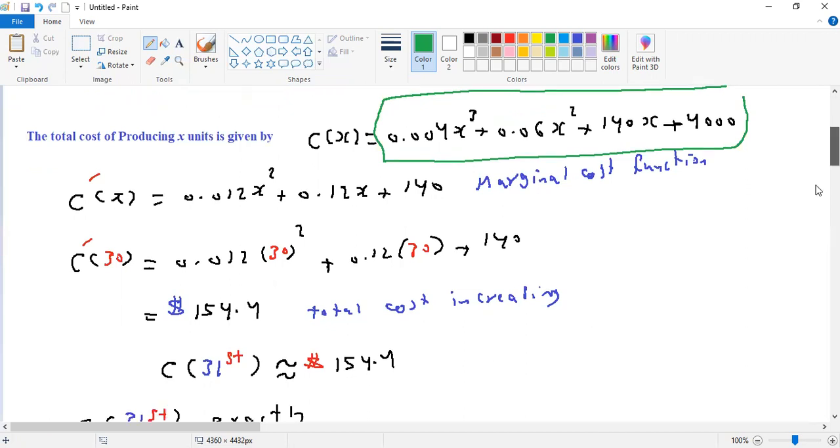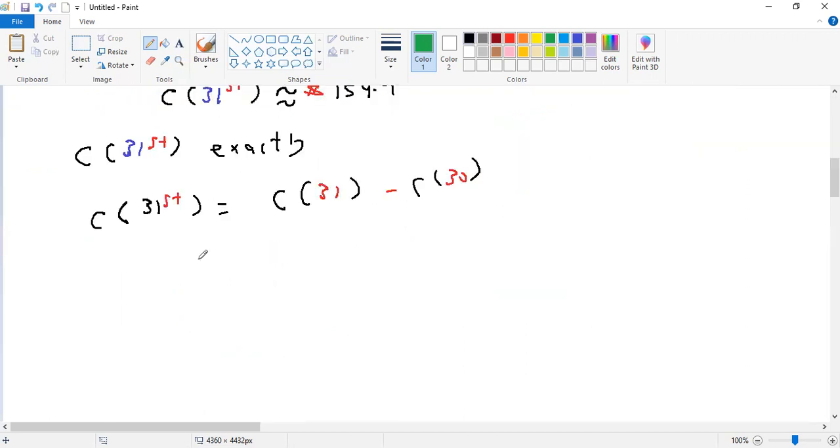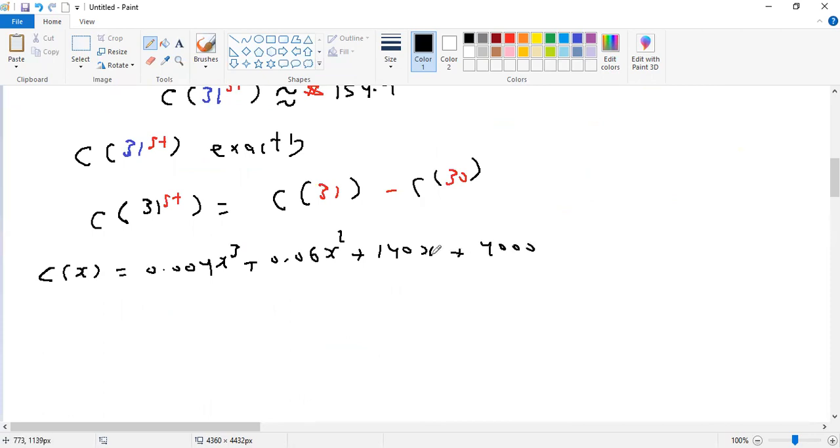Let us write it first: C of x equals 0.004x cubed plus 0.06x squared plus 140x plus 4,000.